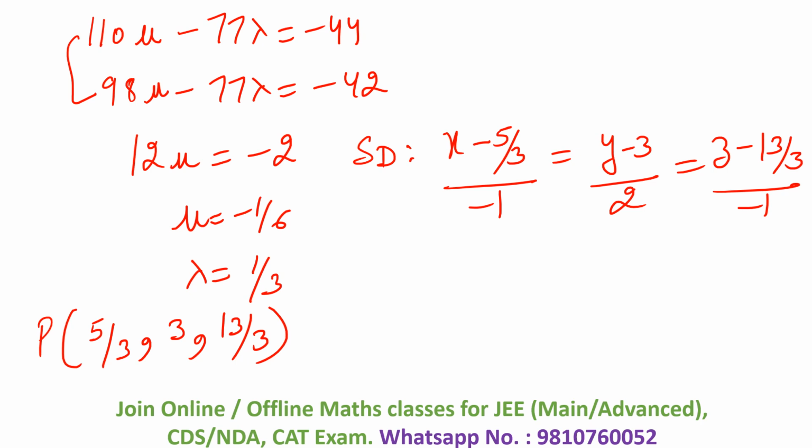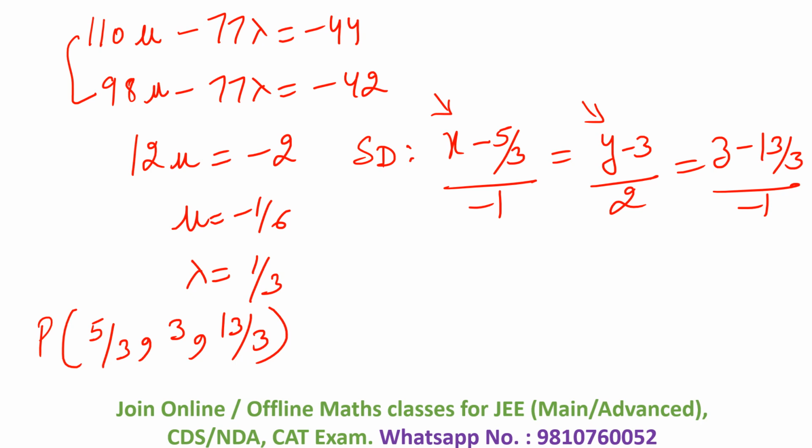Now when I take the first option, the point given is minus 5 by 3, comma minus 7, comma 1. Now when I put x as minus 5 by 3, the first value becomes 10 by 3. When I put the value of y as minus 7, the second value becomes minus 5. Obviously, these two values are not equal to each other. So hence this point is rejected.